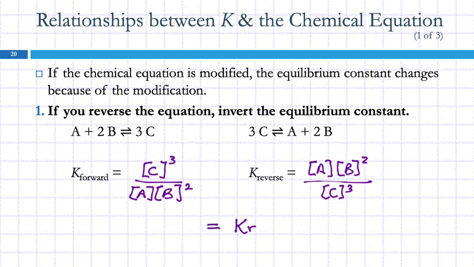So K reverse equals K forward to the negative 1 power, which is 1 over K forward.